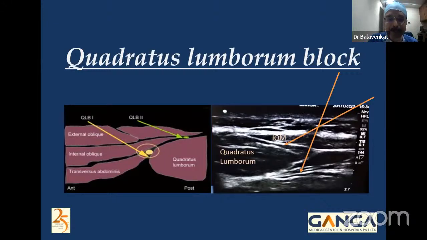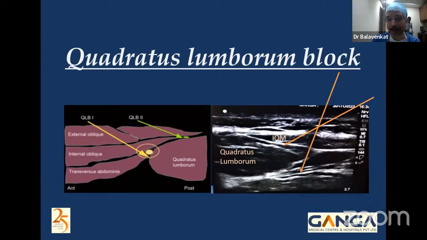But when you want to go for a block which goes more towards L2, 3, 4, like for example, hip surgeries and abdominal surgeries where the visceral component needs to be involved along with the somatic, then you go for the block between the Quadratus lumborum and the psoas muscle. So you place the drug anterior to the Quadratus lumborum muscle. This is a very, very effective block.